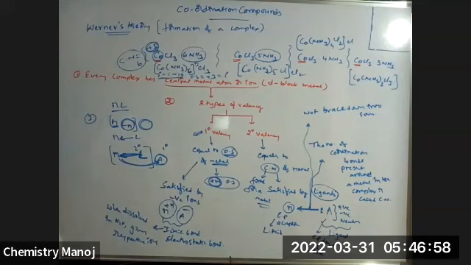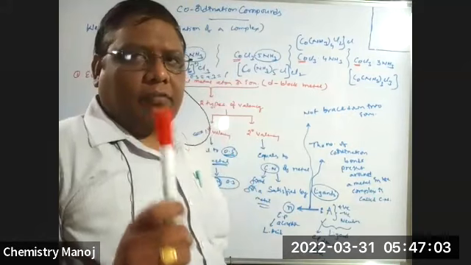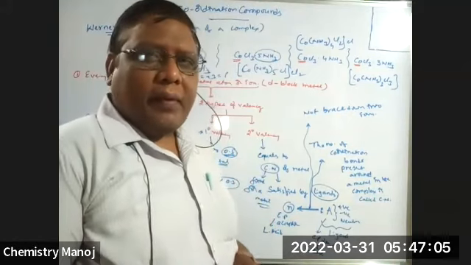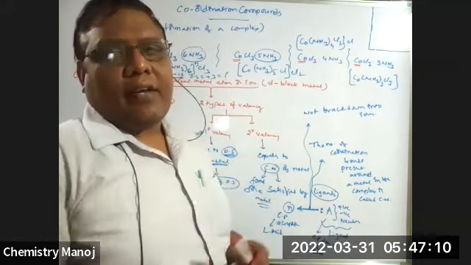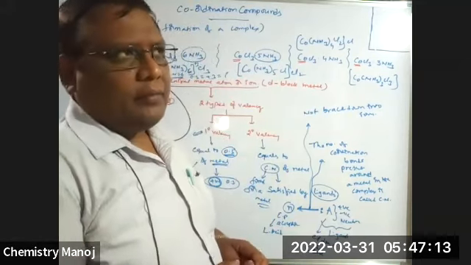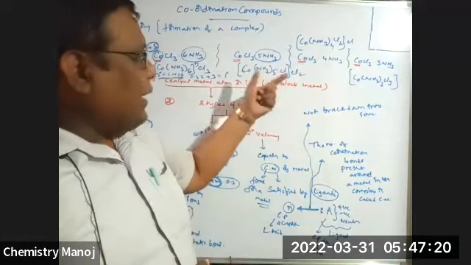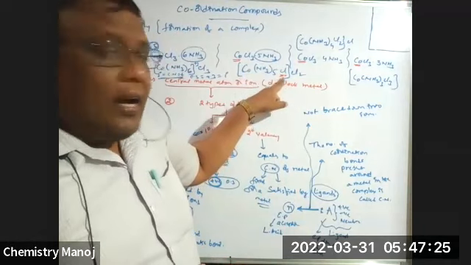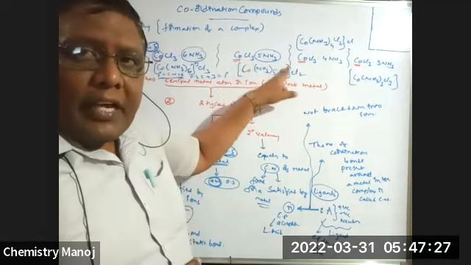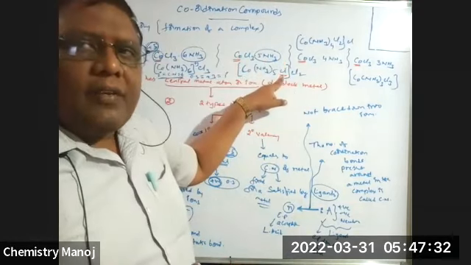Now see here. The chlorine atoms inside the square bracket satisfy both primary valency as well as secondary valency. Clear? Yes, sir. So here 1 chlorine inside satisfies secondary valency, and also satisfies its oxidation state because it has minus 1. That means this chlorine satisfies both primary and secondary valency.